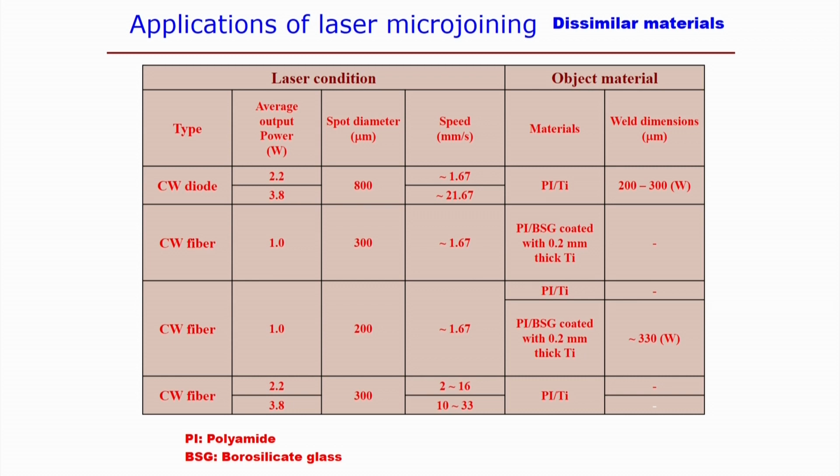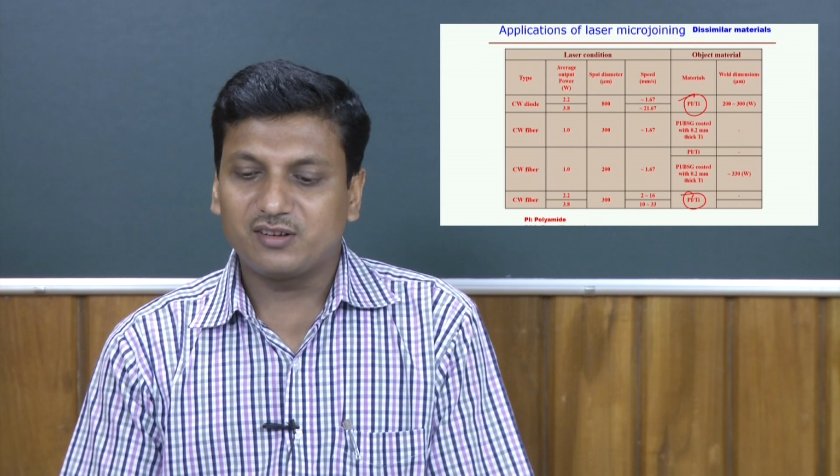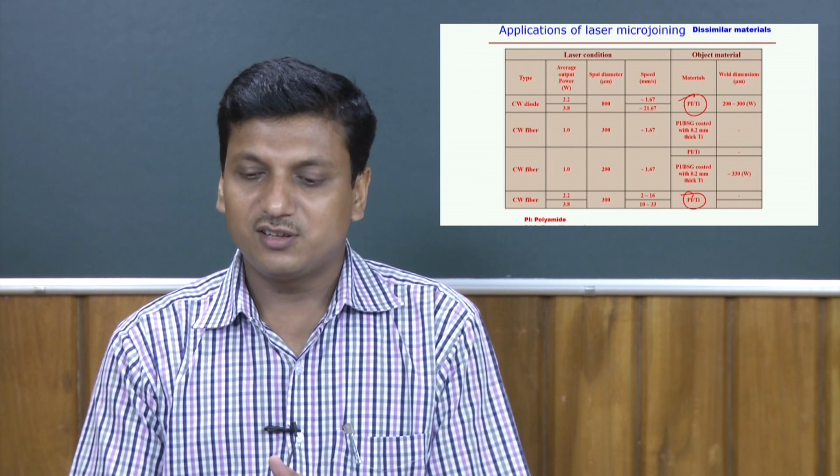So, polyamide and titanium, this joining of two different types of materials, glass and polyamide, that combination, and polyamide and titanium, which we have already seen. For the dissimilar joint configuration, we found applications in the micro scale. So, these are the practical applications of laser micro-welding processes observed in the literature.